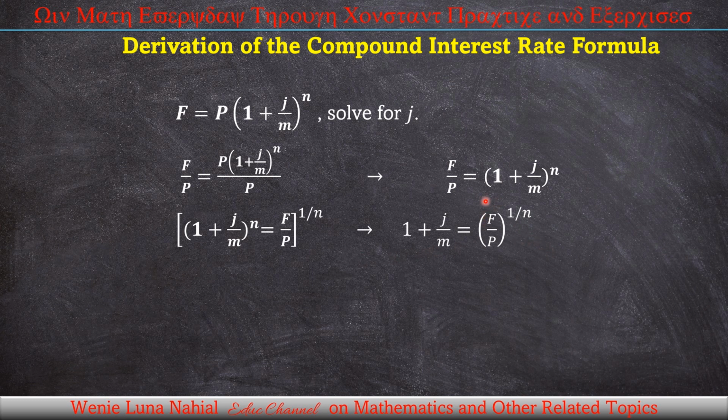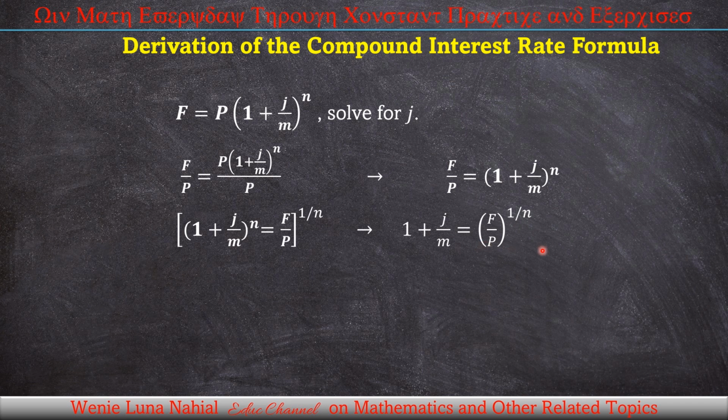Now, the terms at the left side are now at the right side, and the terms at the right side are now at the left side. So there's nothing to worry about this because transposing the terms does not have any effect on the equation.